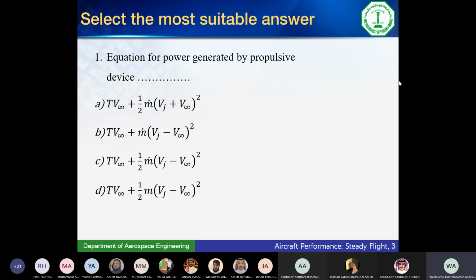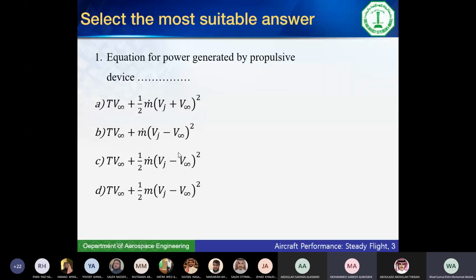Let's see how many hands we have. Okay, Muhammad Samir. The answer is C. Okay, can you tell us why, or do you remember the equation? T and velocity, thrust and velocity, the first term is for the power available. Right. And the next term after the plus is for the power wasted.